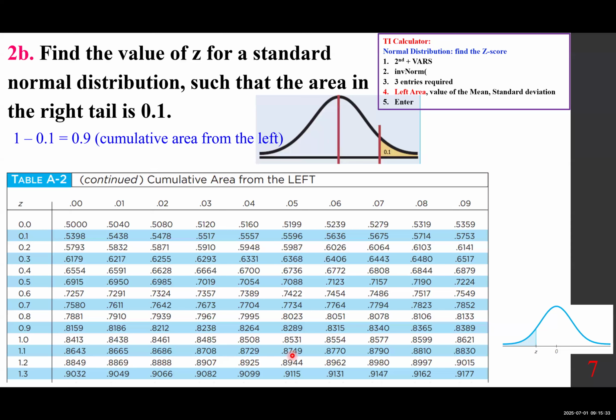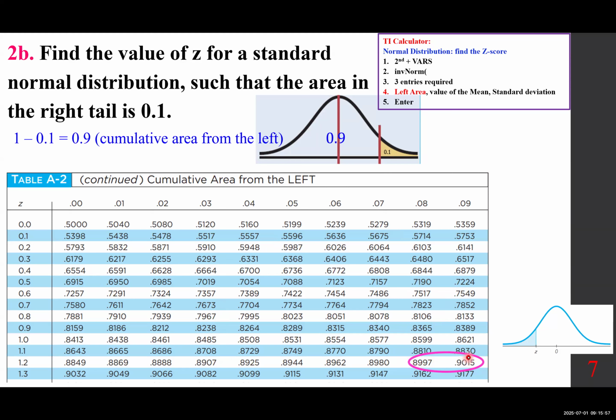So inside, for example, this is 0.6554, this is 0.7357, and 0.8051. You're looking inside for the number 0.9. So the area is 0.9. 0.9 doesn't exist, but it's between these two numbers.